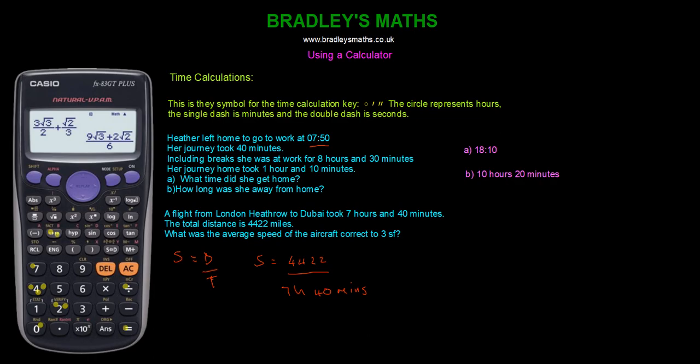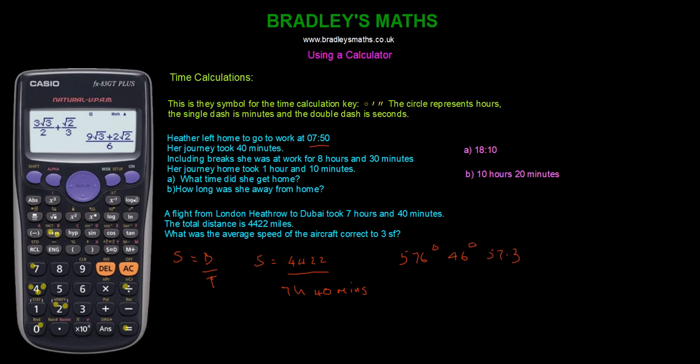Now this time we get something that looks a little bit nonsensical. It looks like this. 576, then the little square thing, 46, then the little square thing, 57.3. That's what we have.